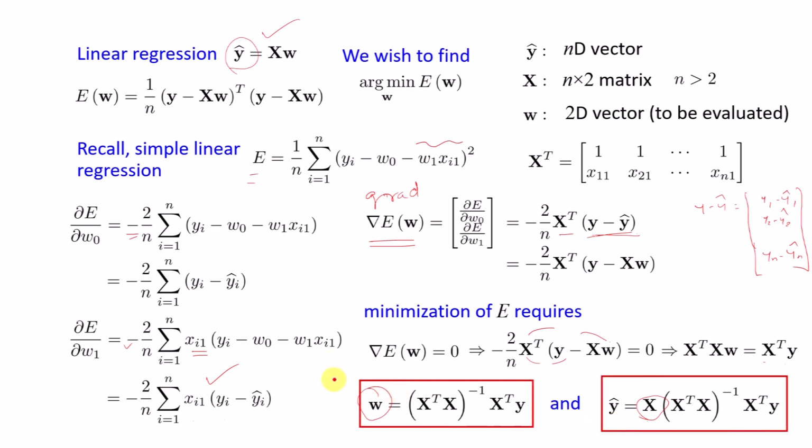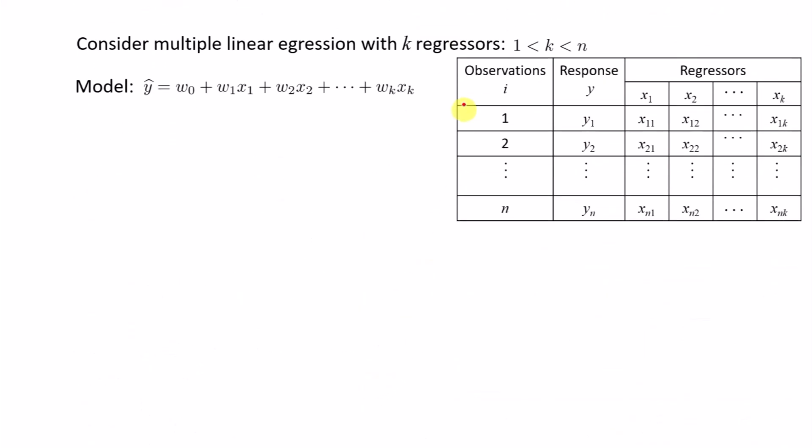So clearly this closed form solution looks better and is easier to solve, and we'll see how to solve it. But let us first generalize this with k regressors. The generalization is easy because it will not change anything. Whatever holds for two regressors will be the same for k regressors. So here our model is the multiple linear regression model, w0 plus w1 x1 etc. up to wk xk.